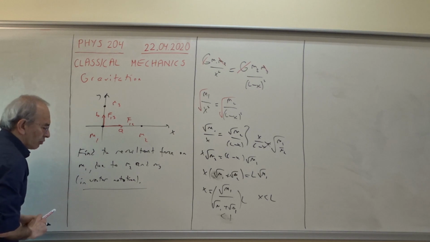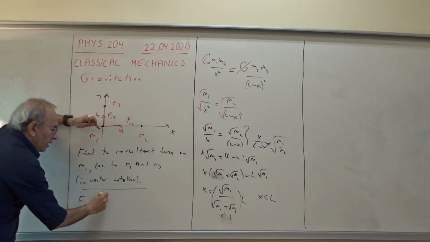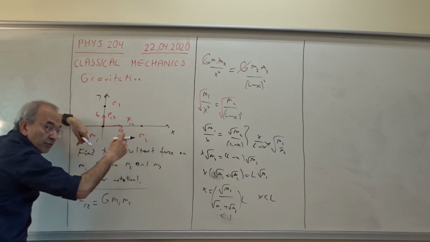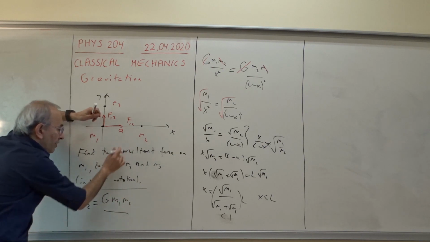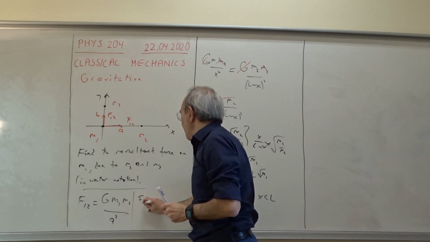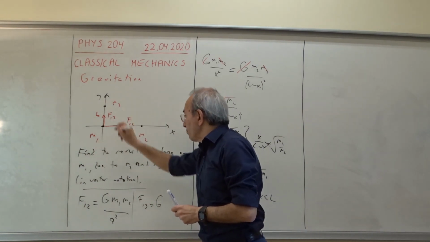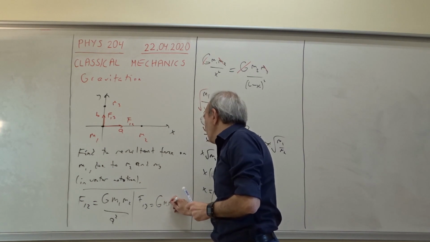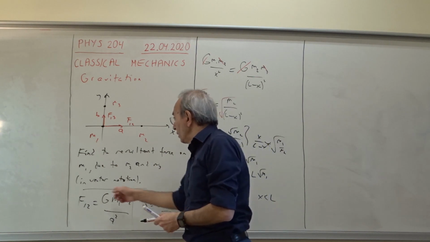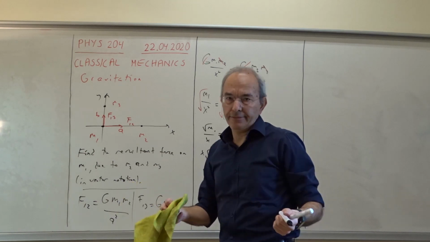And it is quite easy to write those forces because F12 will be capital G, mass of the first one, mass of the other one that applies the force, divided by this distance squared. And similarly, F13 will be G times m1, m3 divided by b squared. But if you want to write this in vector notation, the resultant force, we should use i and j.